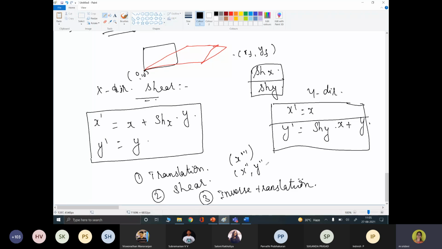Similarly, the y double dash value. And finally, you will be able to get the new coordinates x dash and y dash with respect to shearing about the pivot point or the arbitrary point, by adding the translation factor.